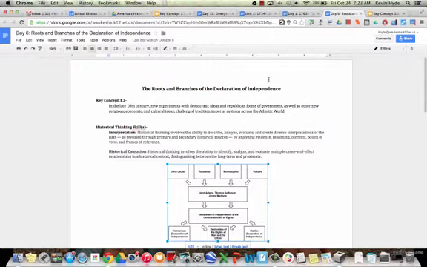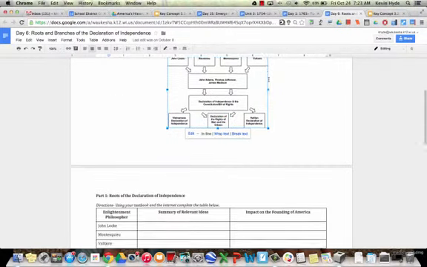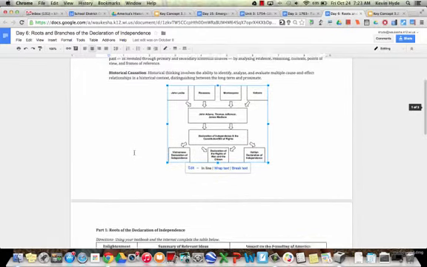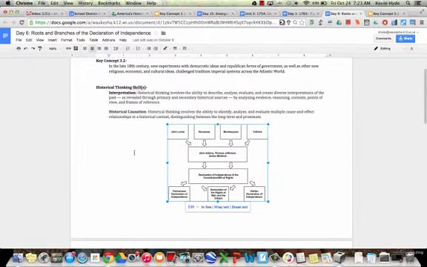And can you evaluate it and create an interpretation of the past from that, okay? So today, obviously, we'll be looking at the Declaration of Independence, and we're going to be looking at how the Enlightenment, for instance, from Locke and Montesquieu, Voltaire, and Rousseau, how their ideas got into the Declaration of Independence.